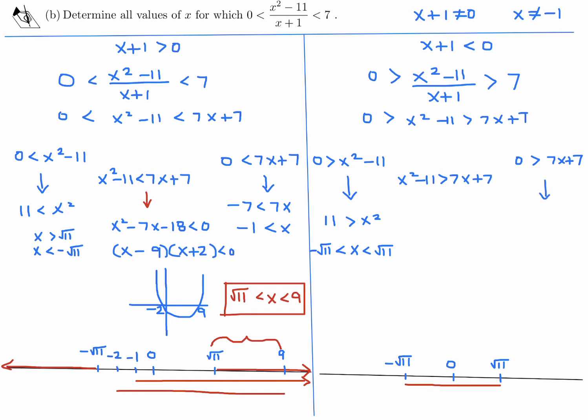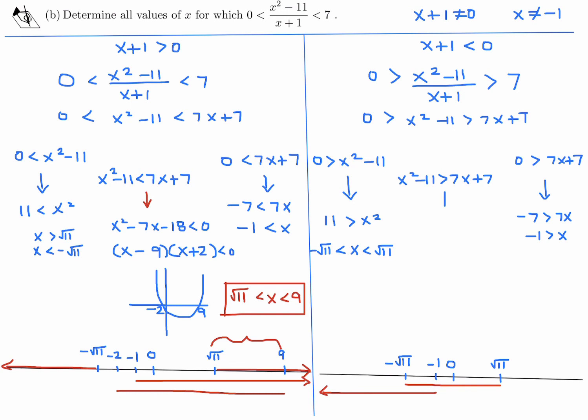That's pretty straightforward. That means minus 7 is greater than 7x, so dividing through, we get x is less than negative 1. If this is negative 1 approximately, x is less than negative 1. So that would mean right here, all of that.